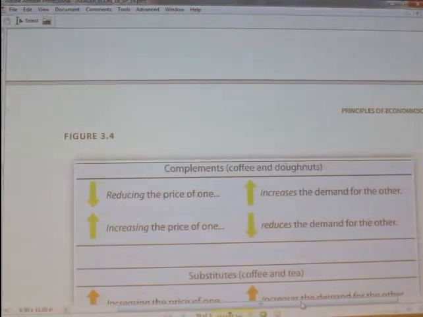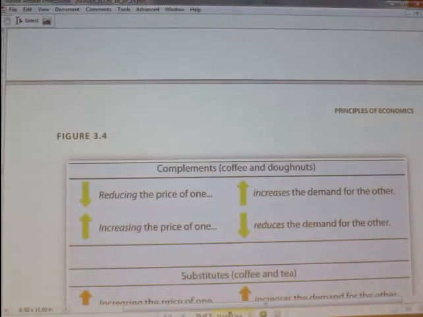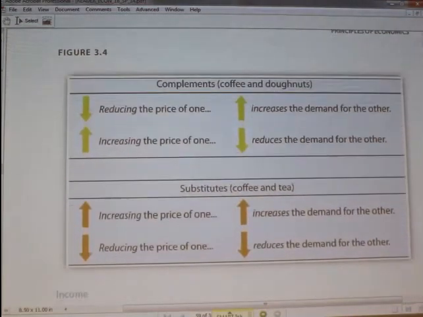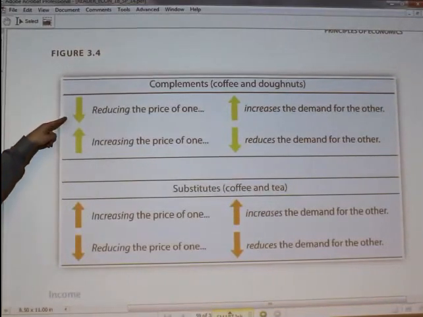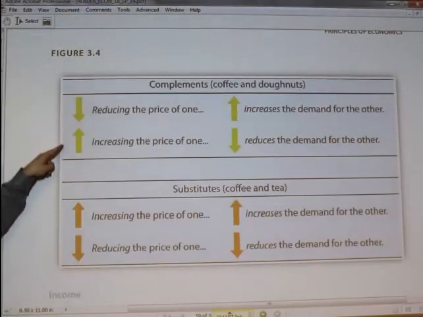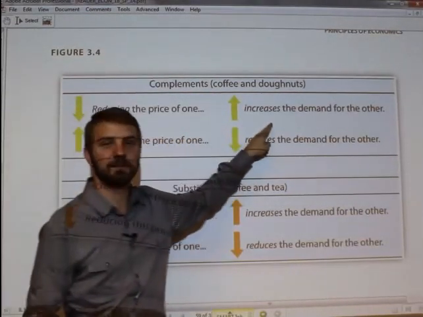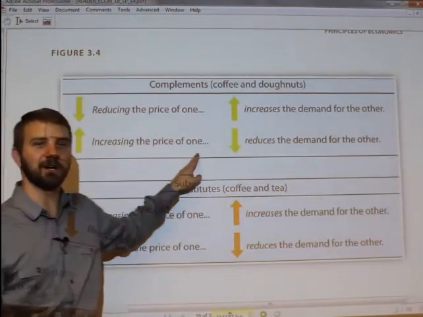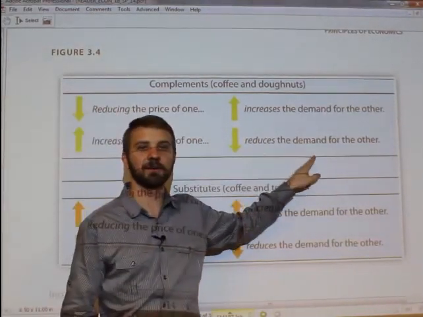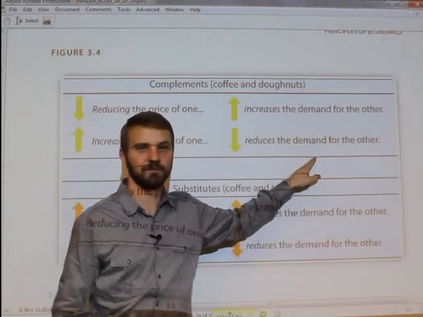And here is a figure that summarizes the effects of changes in the prices of these related goods. And so, for example, if you reduce the price of a complement, like a donut, that's going to increase the demand for coffee. If you increase the price of a donut, that's going to decrease the demand for coffee.